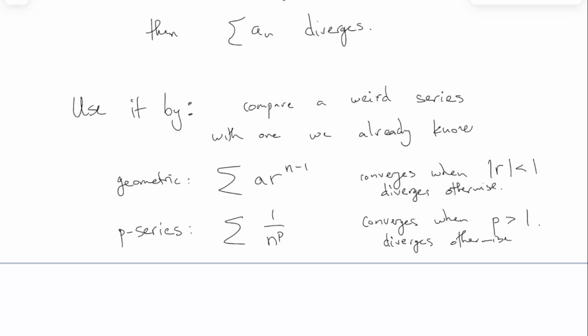All right. So let's try some examples. I got a few, although I don't know if we'll get that far. But how about the sum of 2 over n cubed plus 3n plus 7.